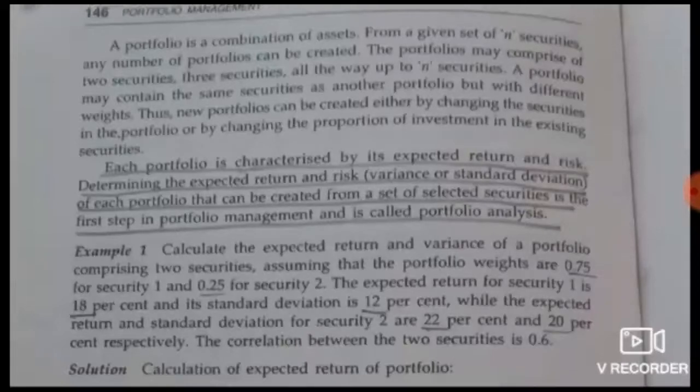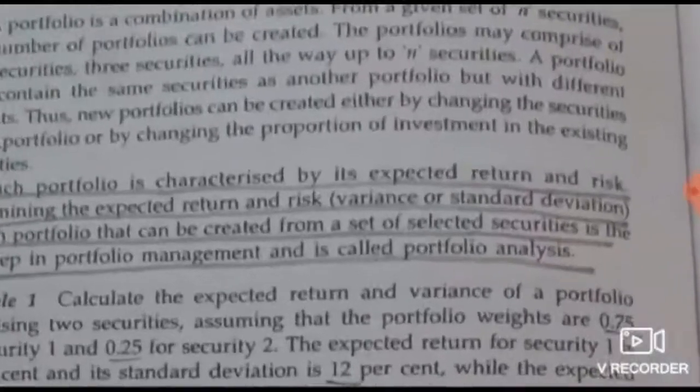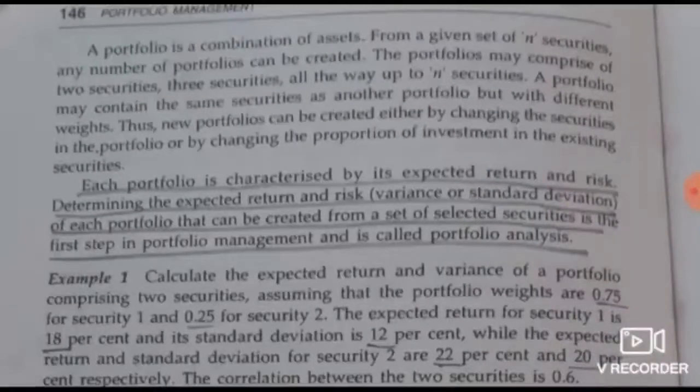So what we learned in this class was how to calculate the portfolio risk and return of a portfolio consisting of more than two securities. The portfolio return was the same, that is we multiply the security return with the proportion of funds invested.